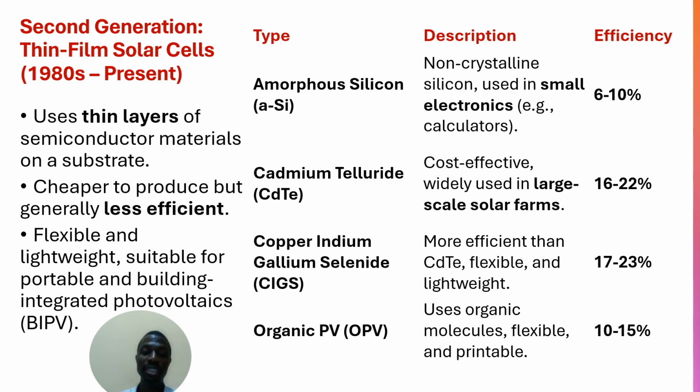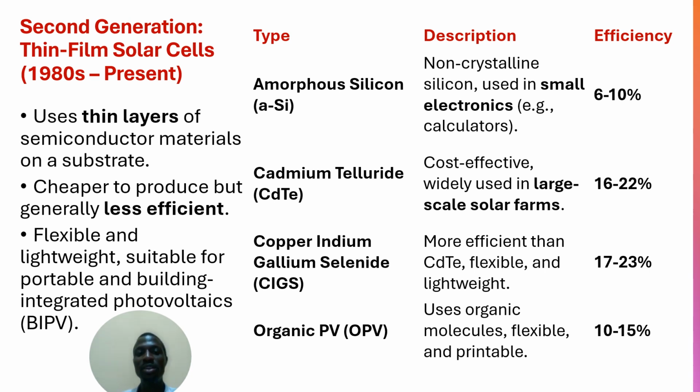Cost effective in the sense that the technology for its fabrication, for its production, is far cheaper than silicon solar cell that requires very, very high temperature for its manufacture, adding to the cost of production. But in this case, the technology is far cheaper to run. And with cadmium telluride, efficiencies between 16 and 25% has been achieved.